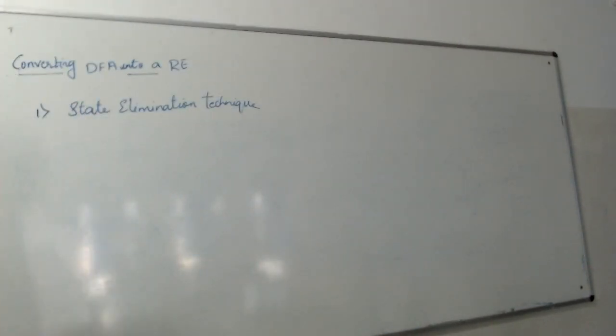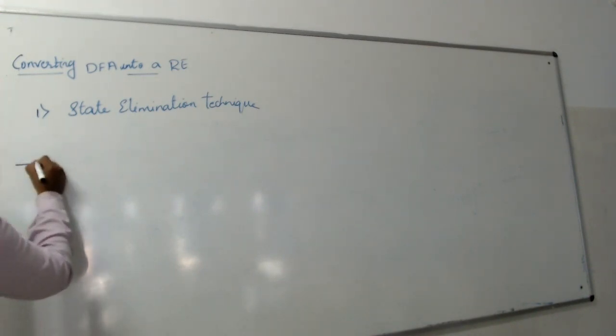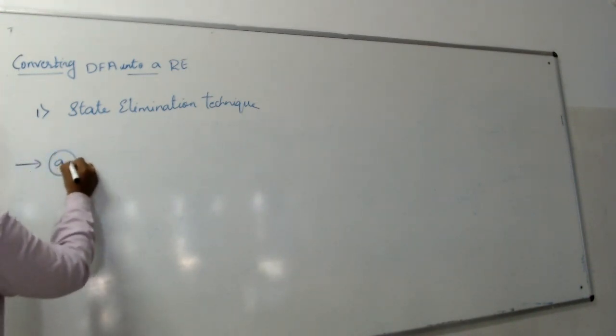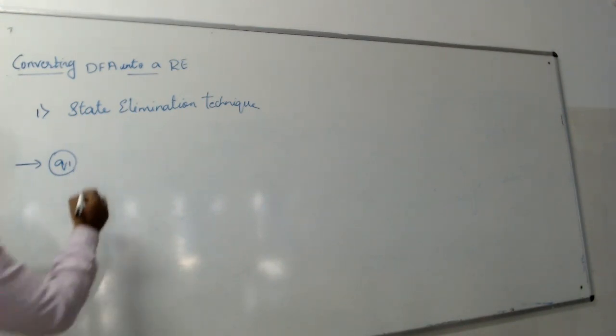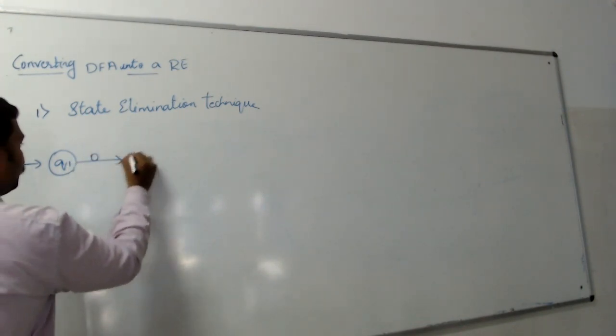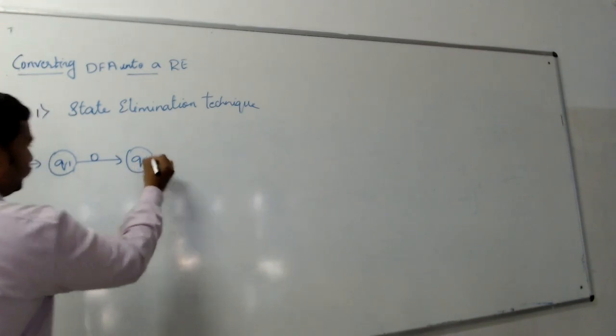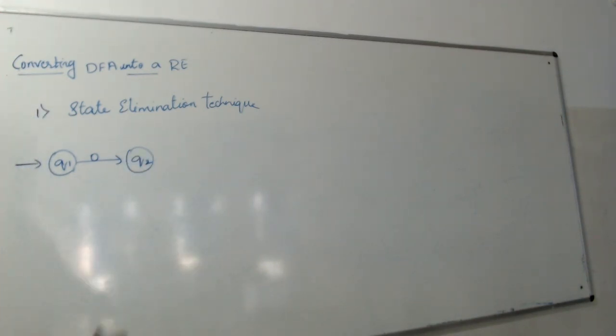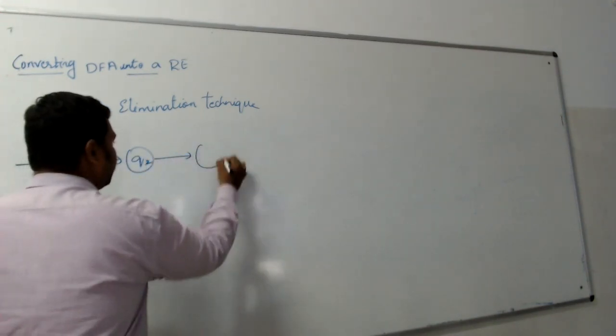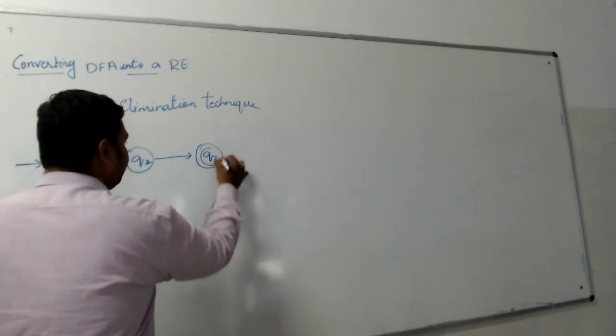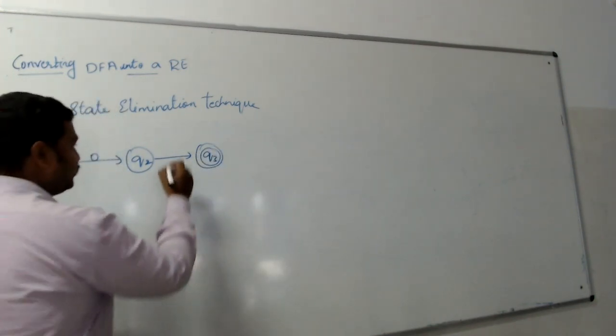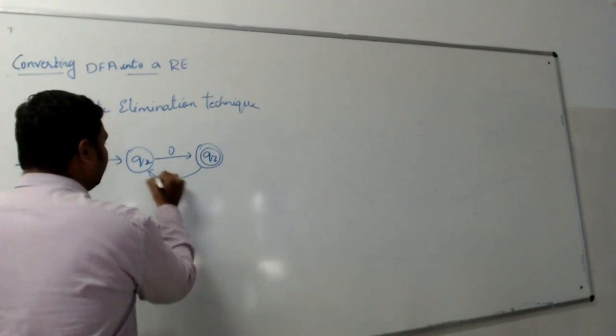Convert the finite automata to regular expression using the elimination technique. One more problem. Q1 upon 0 moves on to Q2, then moves on to Q3 on the input symbol 0, and it's returning back to 1.